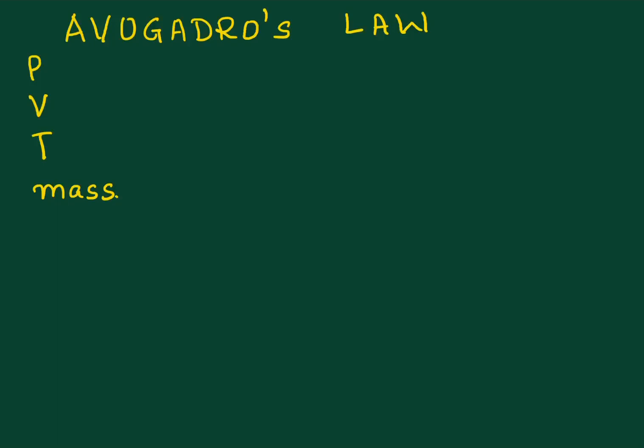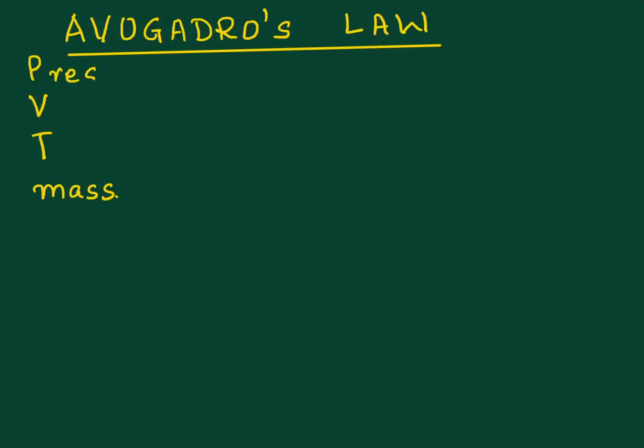Let me now introduce another law, what we call Avogadro's law. By the way, we've already covered this Avogadro's law when we did the basics of physical chemistry. But let us see how we are going to use it for gases.